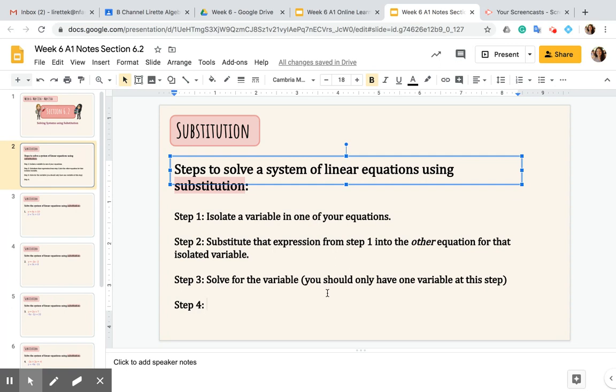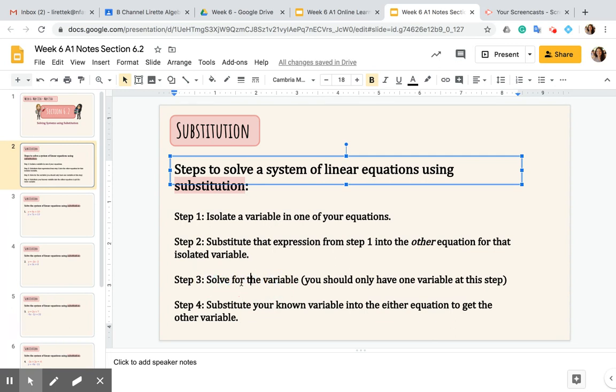Step four, you're going to substitute your known variable into the other equation. Oh, actually, it's not necessarily the other, it's into either equation. Substitute your known variable into either equation to get the other variable. So for example, in step three, if you solve your equation, you get y equals 3.